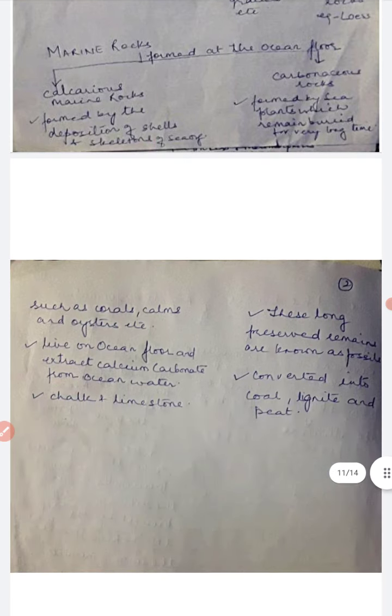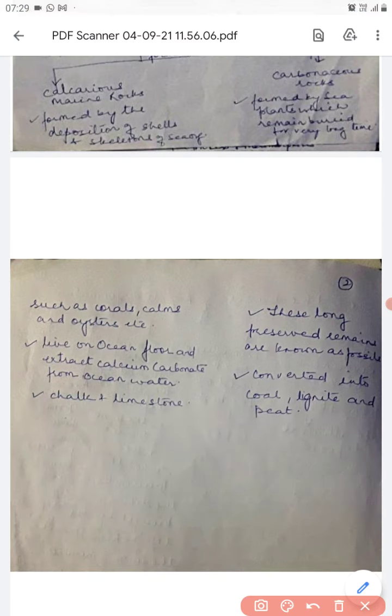Calcareous rocks are formed by the deposition of shells and skeletons of sea organisms. When the sea organisms die, they settle down at the bottom of the oceans.